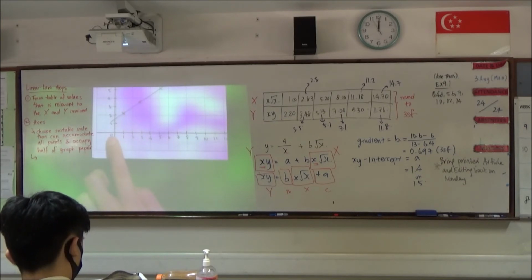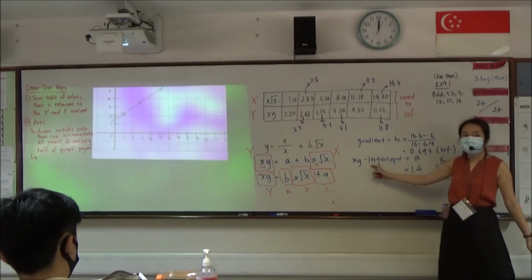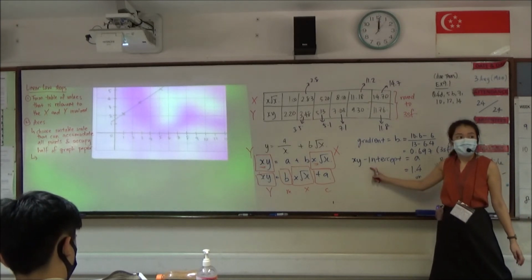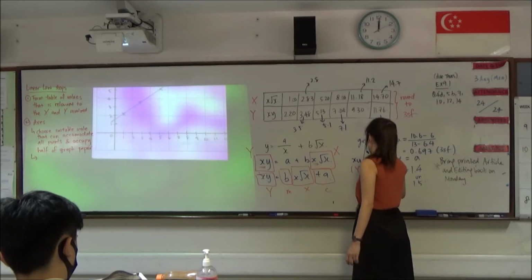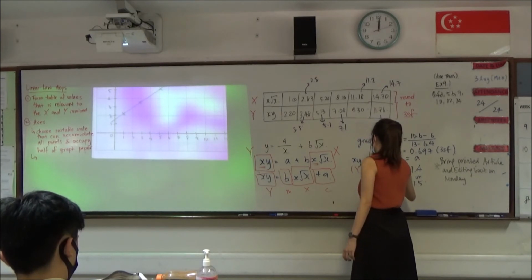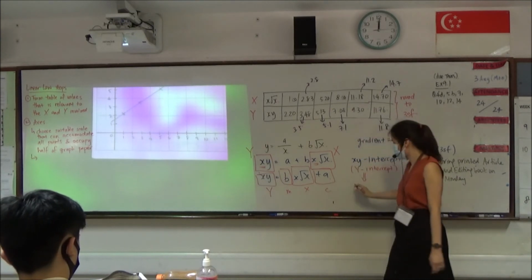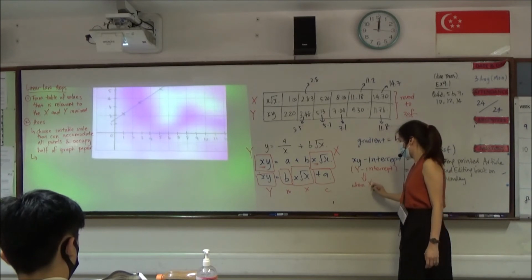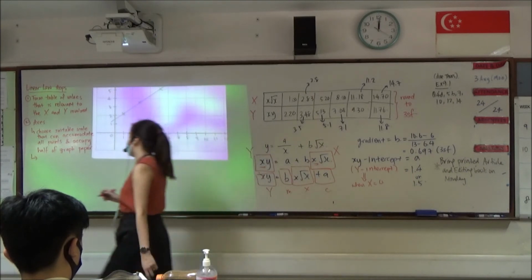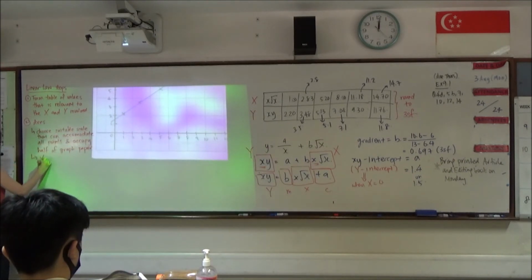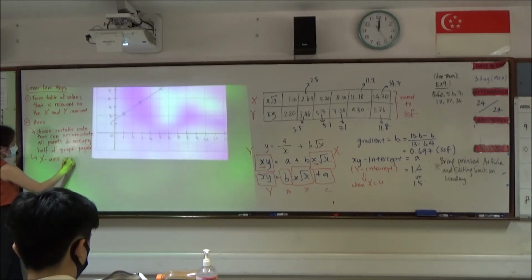If this starts with a 1, 2, 3 or 4, then the value that you're reading here is no longer going to be the Y intercept. Do you understand what I'm saying? So this is my big Y intercept, and it is only when big X is equal to 0. So we have to make sure that our horizontal axis starts at 0.